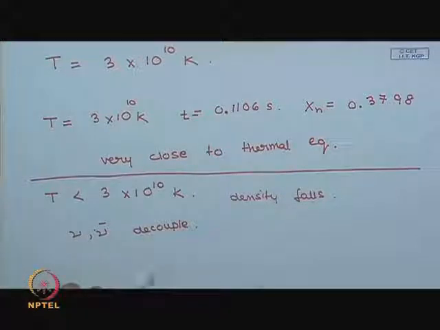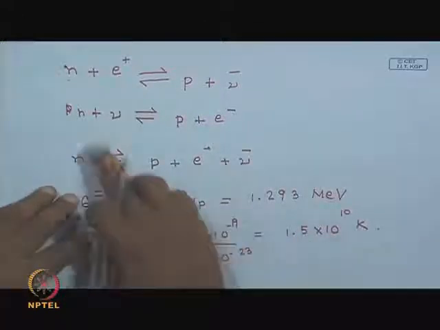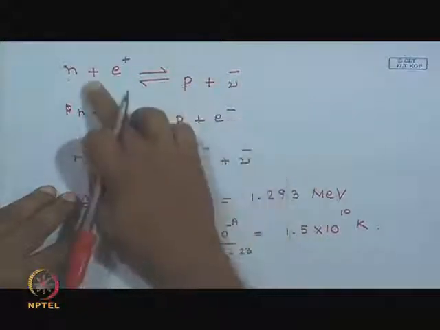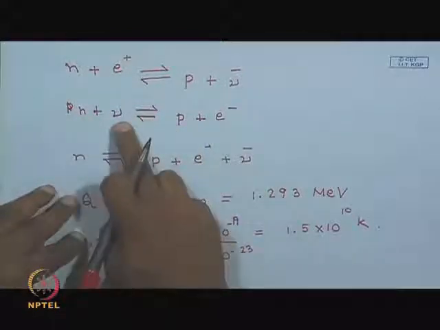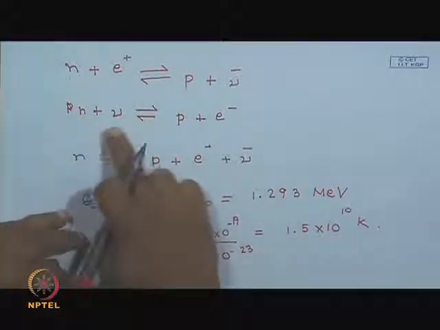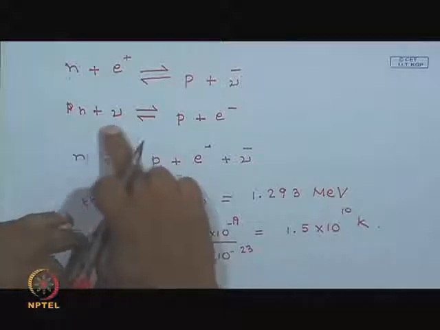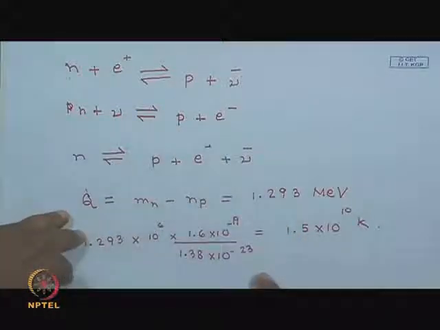Once the neutrinos decouple, they do not interact much with anything else. After that, the neutrino cross section falls, and these reactions where a proton gets converted into a neutron, or the neutron scatters with the neutrino to form a proton and an electron, no longer take place.